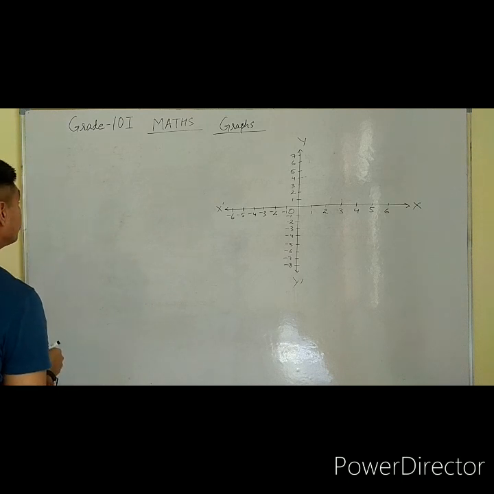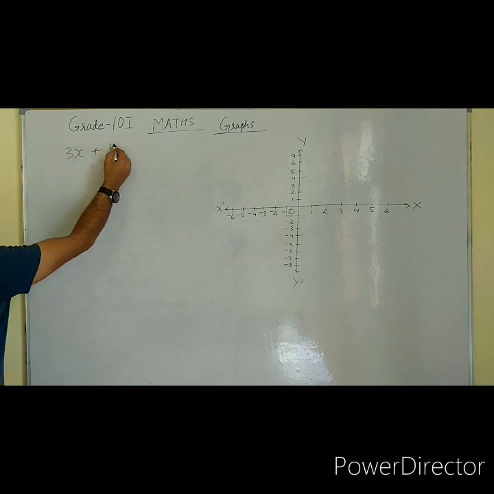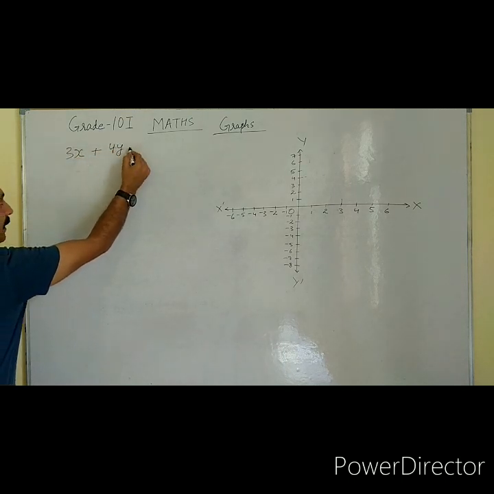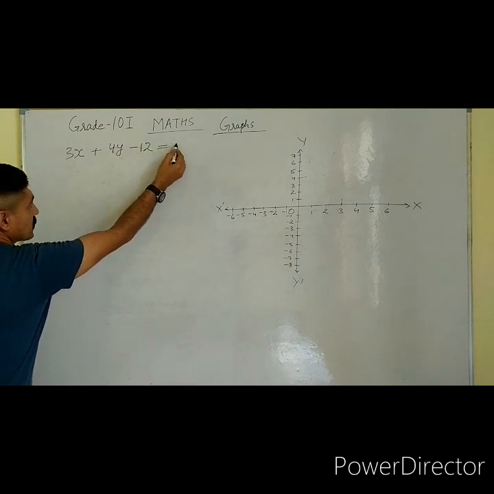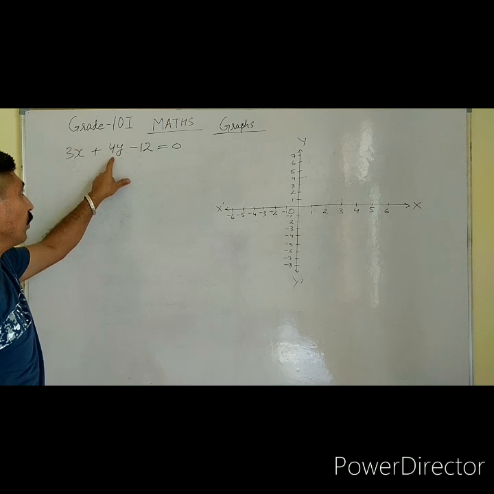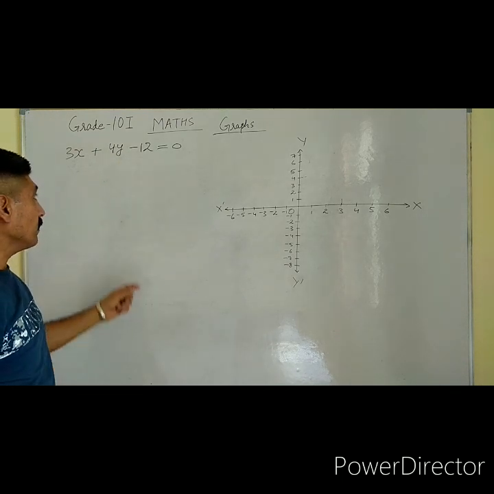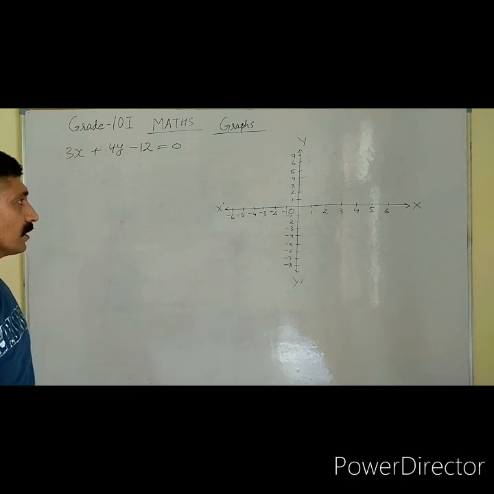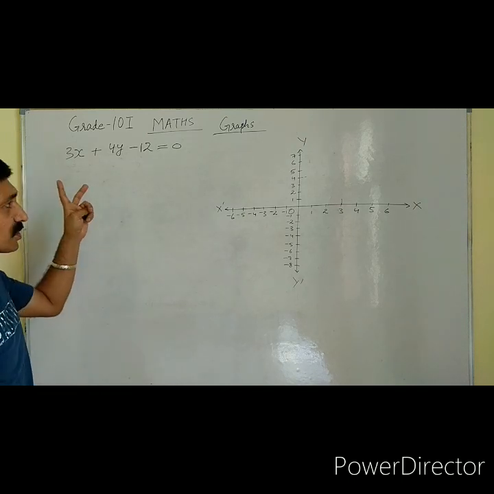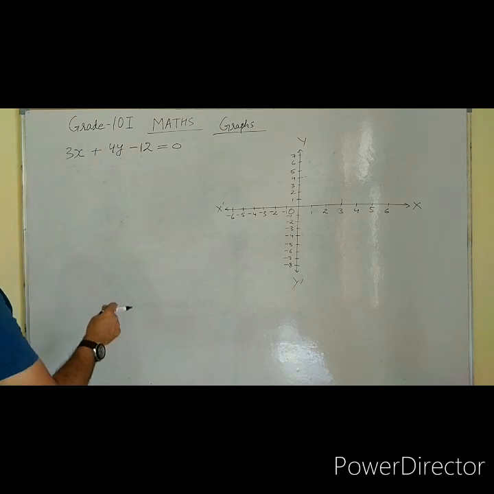So straight line, if an equation is, let's put, 3x plus 4y minus 12 is equal to 0. So here a is 3, b is 4 and c is minus 12. So to find the solution, we need at least two points, so that we can draw a line here.